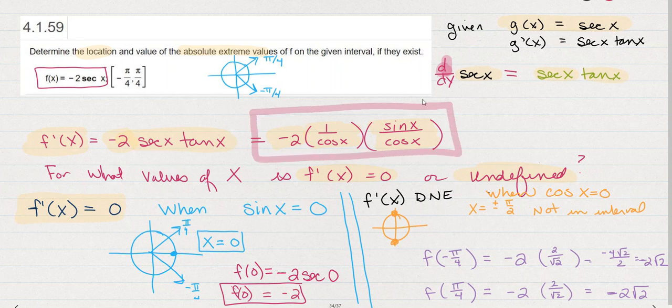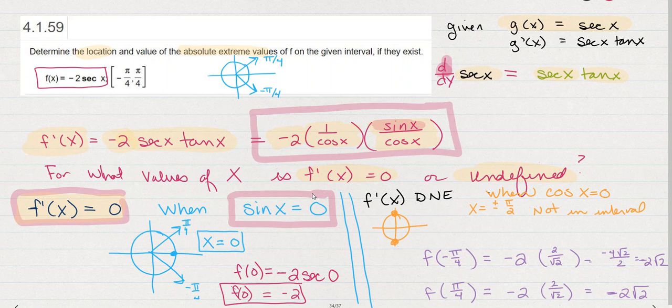This expression, negative 2 times 1 over cosine times sine over cosine, is going to be equal to 0 when this numerator, sine, is 0. A fraction is equal to 0 when the numerator is 0. So that's when sine of x is 0.